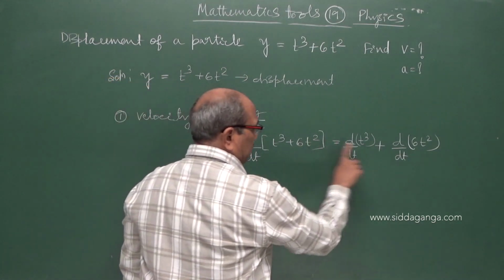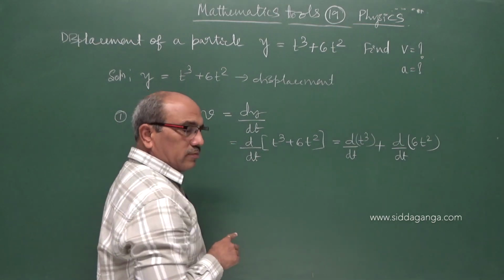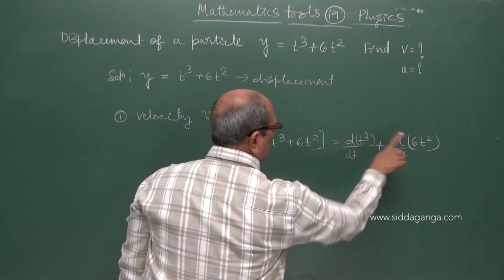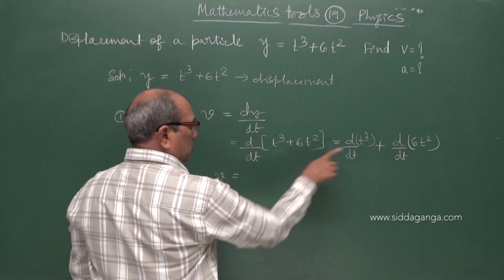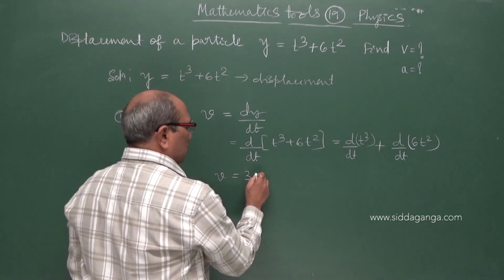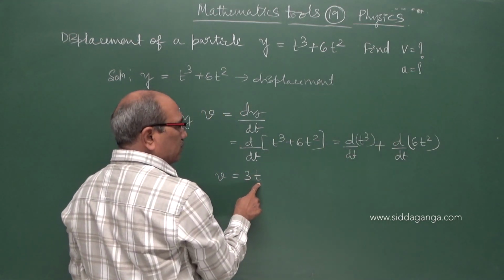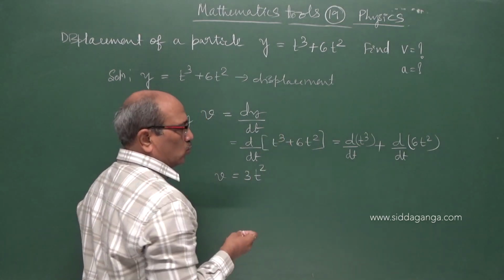Now, u plus v, we split u separate, v separate, both dependent on time. Now you know the differentiation rule: for t cube, x power n gives n times x power n minus 1, so here 3 into t power 3 minus 1, which is t square.